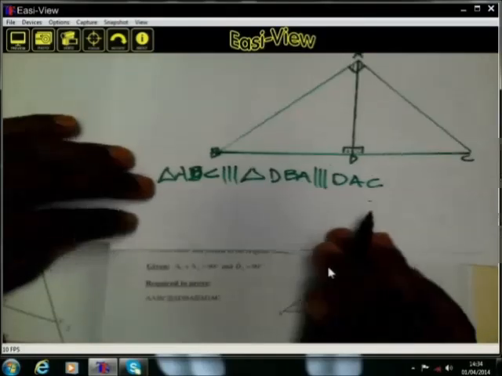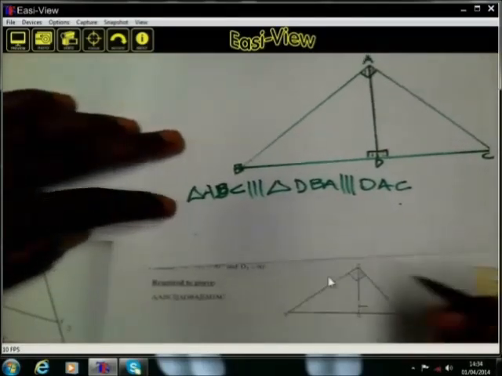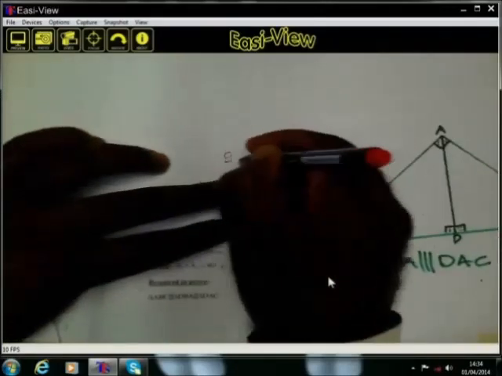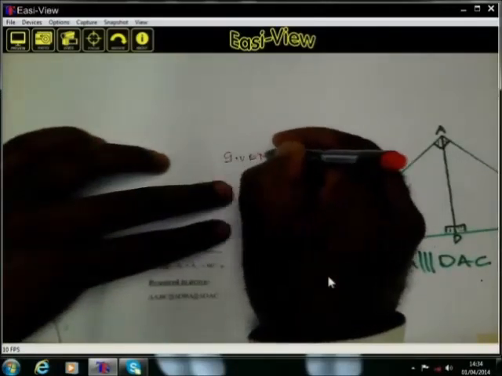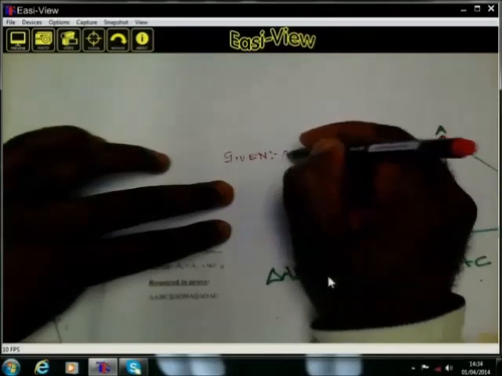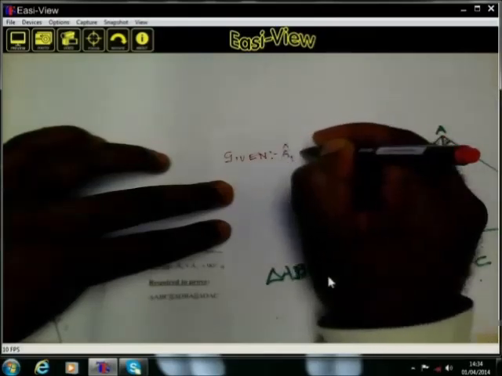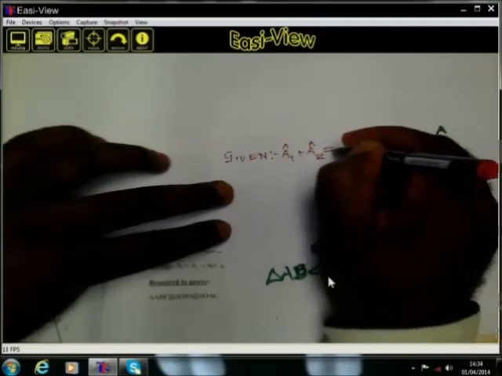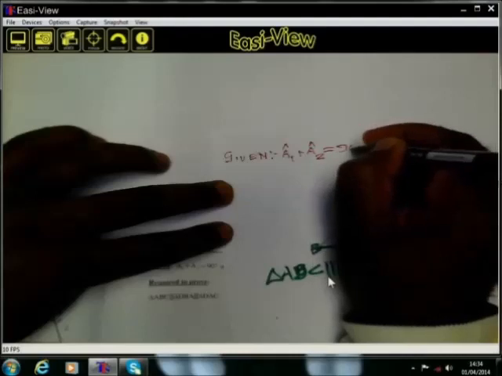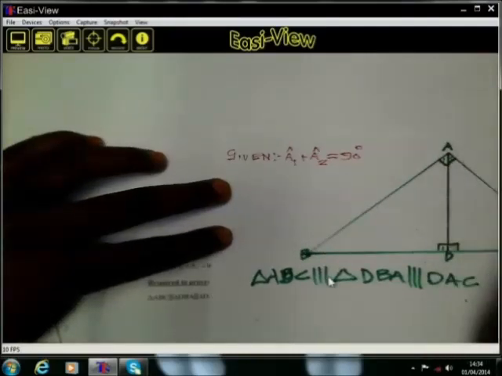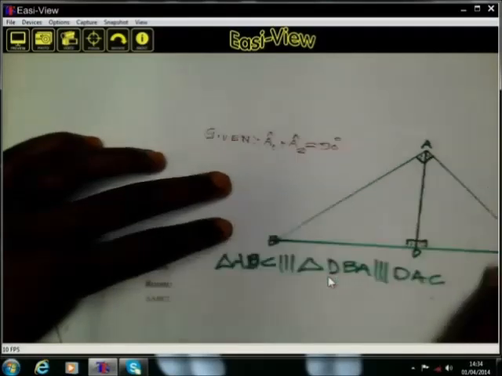Now, if we want to talk about the information which is given to us, I think this is what we should have started with. Much as we don't know the exact value of A1 and A2, what we know is that when you add A1 with A2, the magnitude of the angle there must be equal to 90, because we were given that A is 90. It's a right angle. Fine.